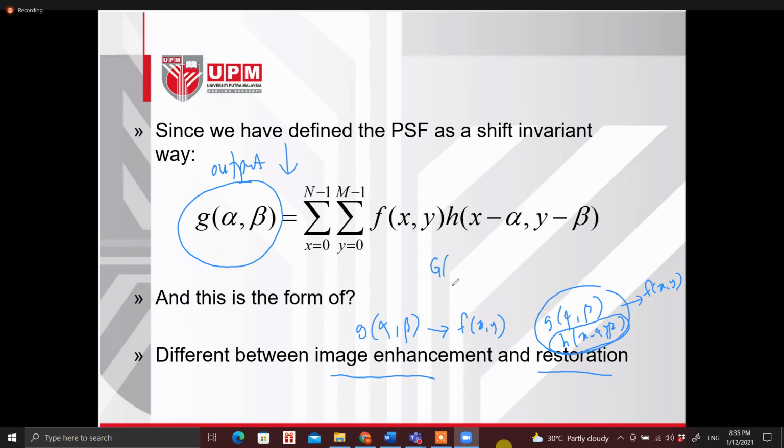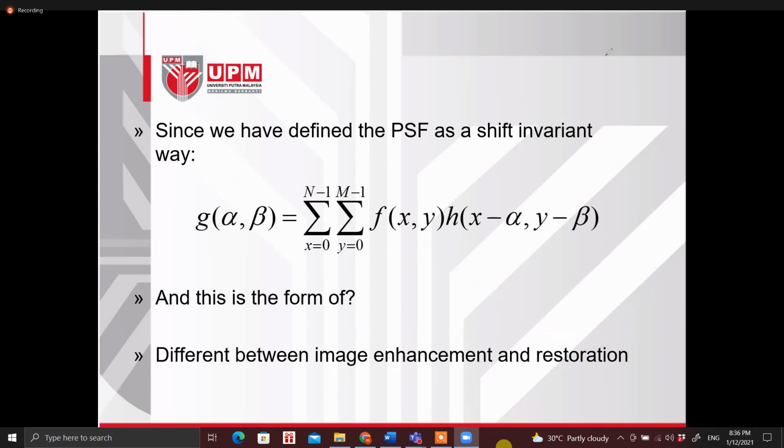I did mention that in the frequency domain, we have G(mu, nu) equal to F(mu, nu) multiplied by H(mu, nu). If we know G and H, we can calculate F(mu, nu) equal to G(mu, nu) over H(mu, nu). We can do simple mathematics. We will go into the process when we get to the restoration chapter. Okay, so next.